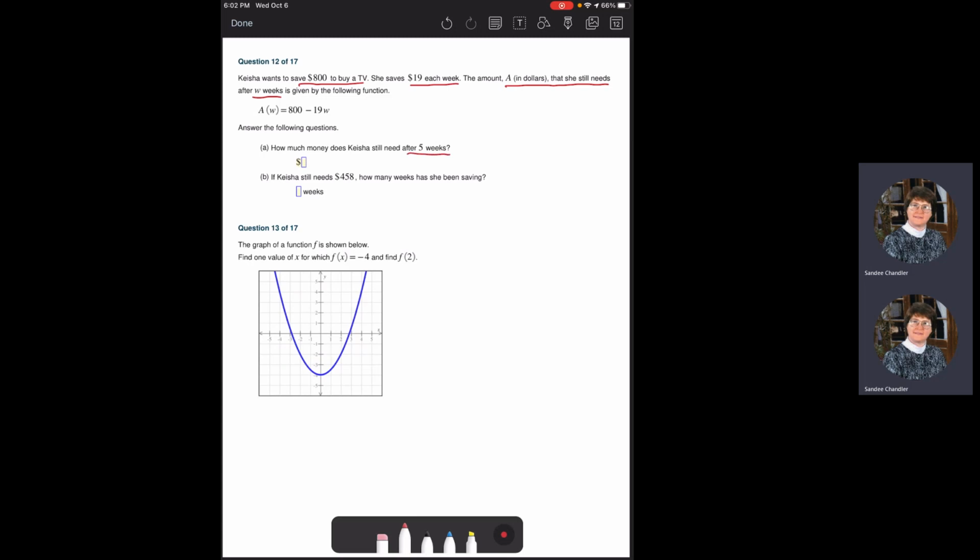So in part A, they're giving us the weeks. This is the W. W is going to be 5. So we just have to figure out A of 5, which is 800 minus 19 times 5.